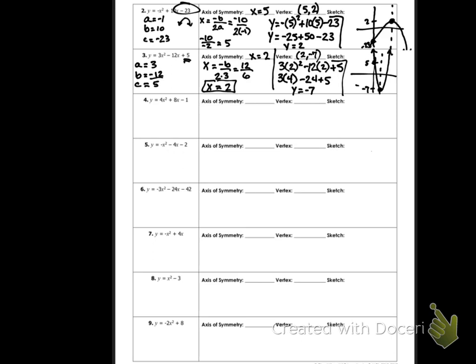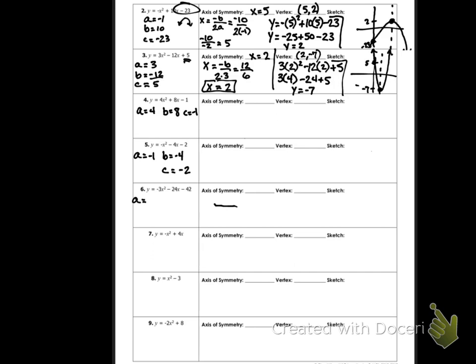On number 4, the a value is 4, the b value is 8, and the c value is negative 1. On number 5, the a value is negative 1, b value is negative 4, and the c value is negative 2.